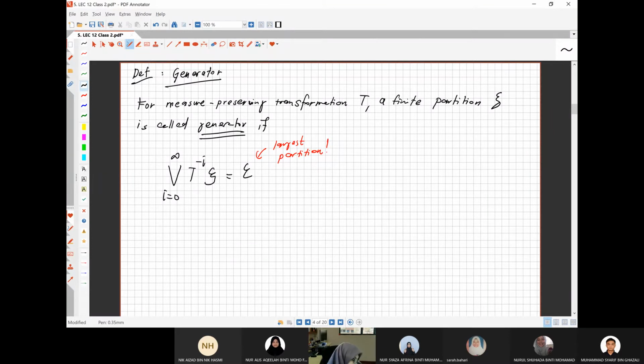For example, I consider again the segment 0 and 1, and I consider the dyadic transformation T, 2x mod 1. And then I have the partition psi.